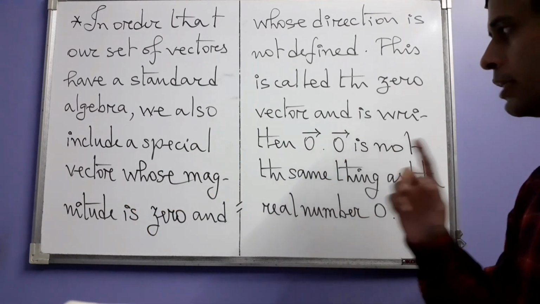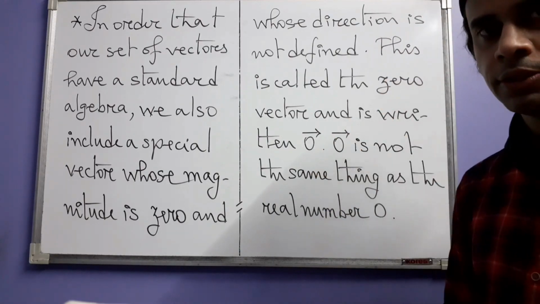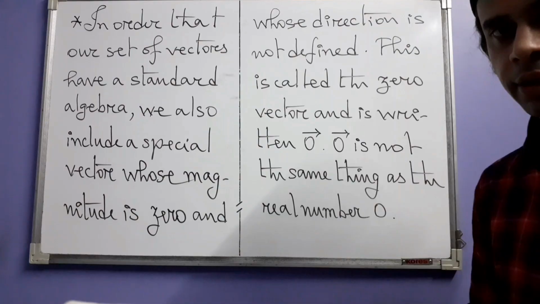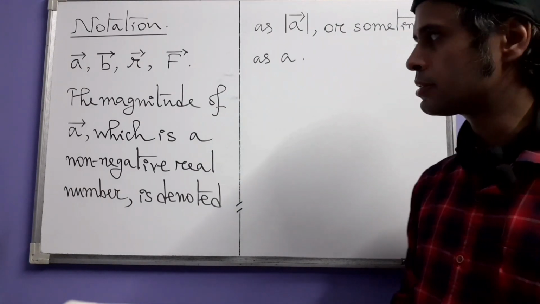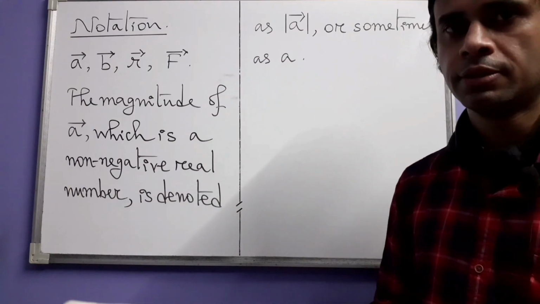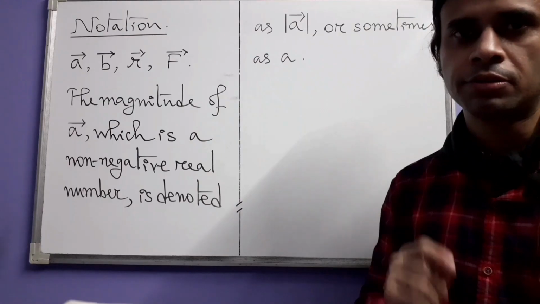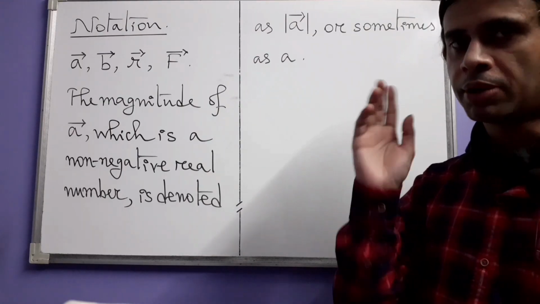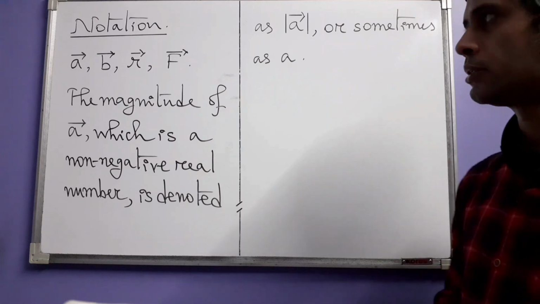Now next we are going to go into the notation for these things. How are we going to write these vectors? Actually, the text uses a different notation than the one I am using. The text uses bold letters to denote vectors, bold uppercase as well as lowercase letters, A, B, C, D, ordinary letters.